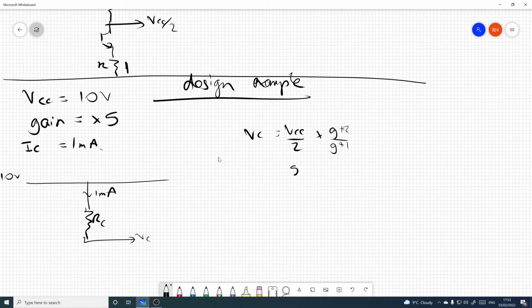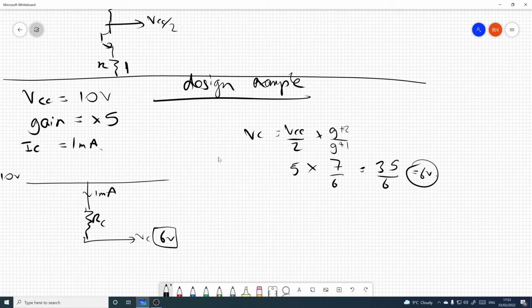So VCC over 2 is 5, and gain plus 2 over gain plus 1 is 7 over 6. Well, that's equal to 35 over 6, which is almost exactly equal to 36 over 6, which is 6 volts. Close enough anyway. So we're going to try and plant this at 6 volts.